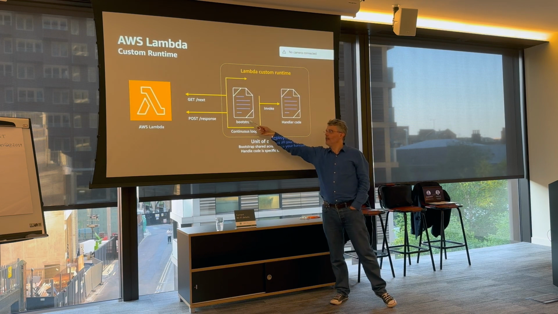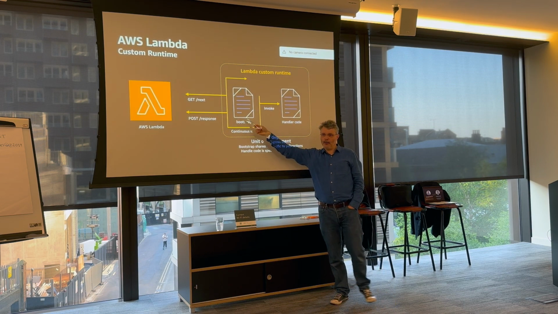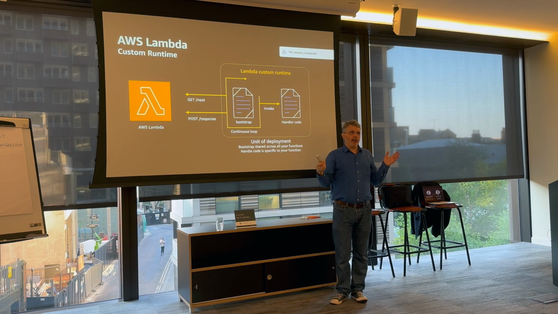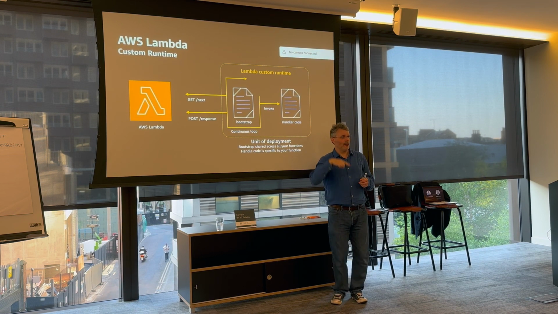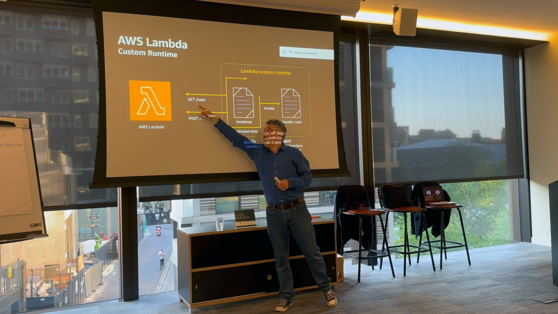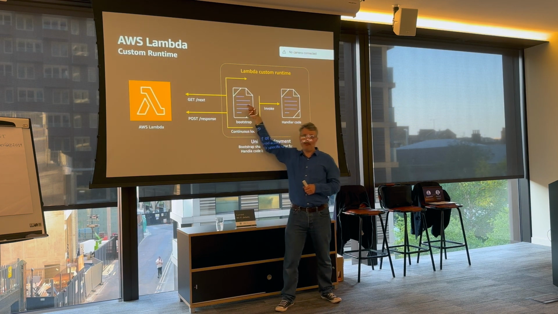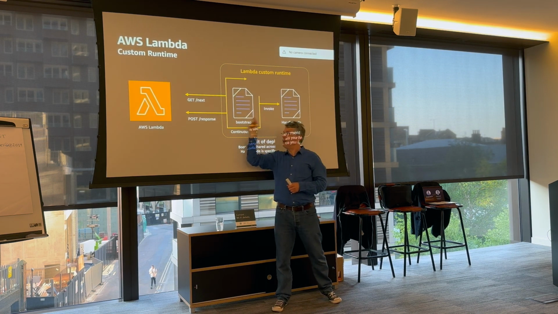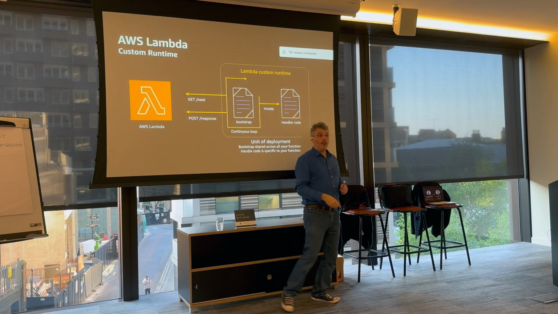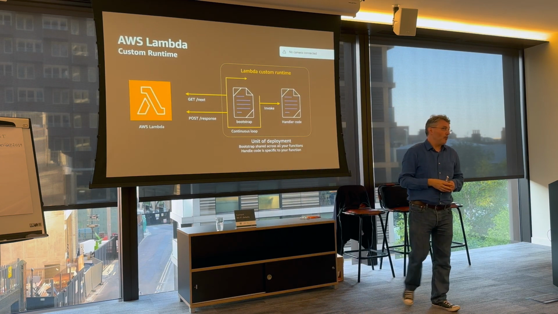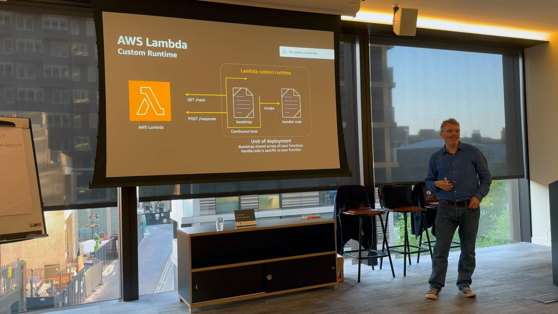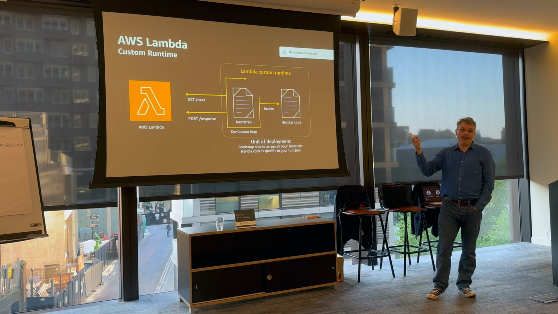You just need to write this piece of code, which at a high level in theory is not too complicated. It's an infinite loop calling HTTP GET /next. If there is something, you call your code, and when you get a response, you call HTTP POST response. That can be complicated, so I'm doing that. I wrote one in shell script.